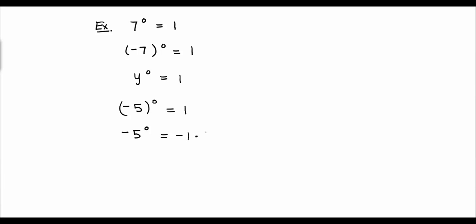So this is like saying negative 1 times 5 to the 0th power, right? Which is negative 1 times 1, which equals negative 1. So we have to keep in mind, if there's no parentheses indicating otherwise, that exponent only goes with the base. Okay, so notice the difference between this one and that one.